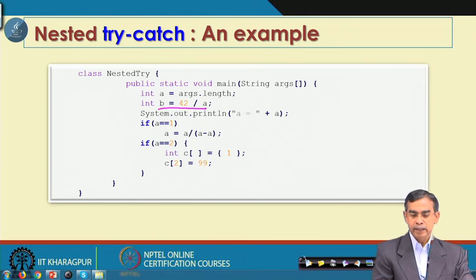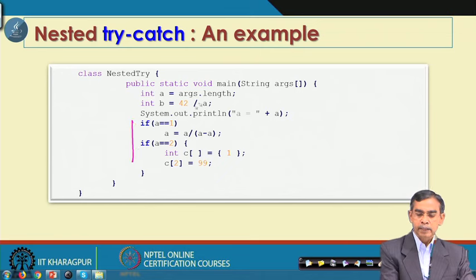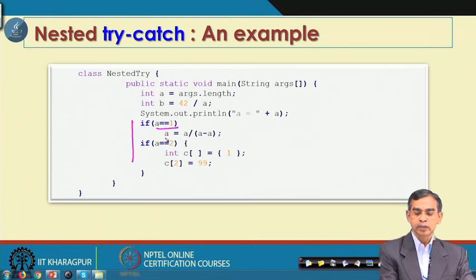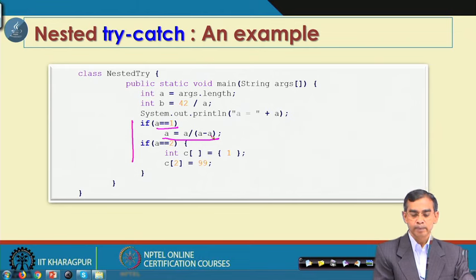Again, suppose the user enters only one input. In that case a equals 1, and in that case also it will give an error. It is also the divide by 0 error.